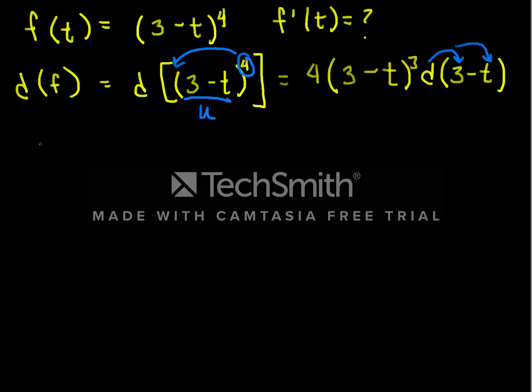So I get that this is equal to 4 times 3 minus t cubed, and then it's d3 minus dt.